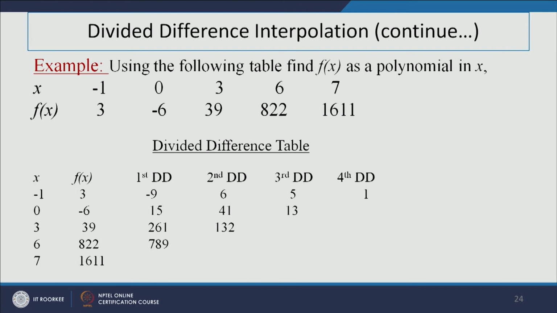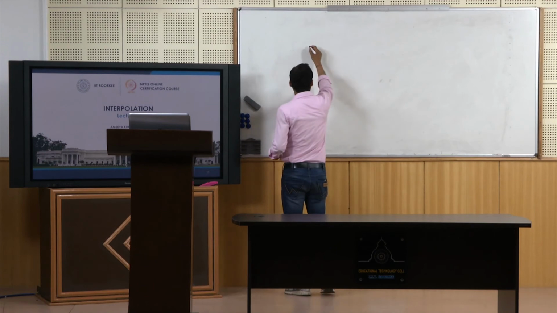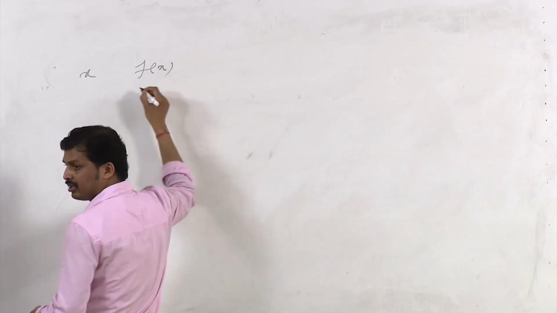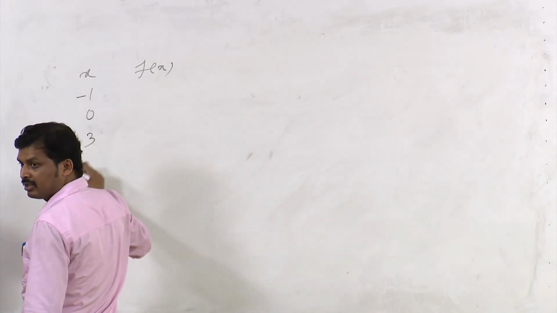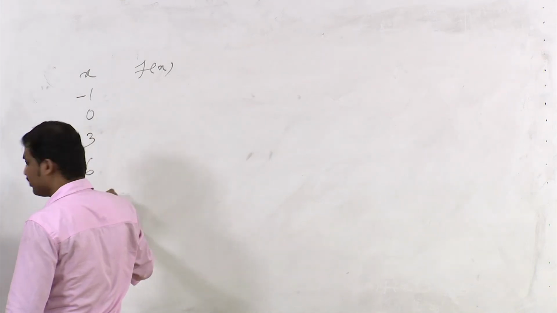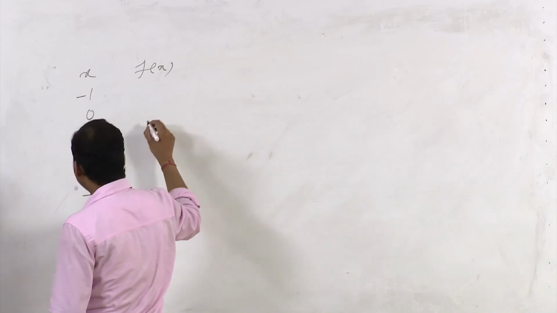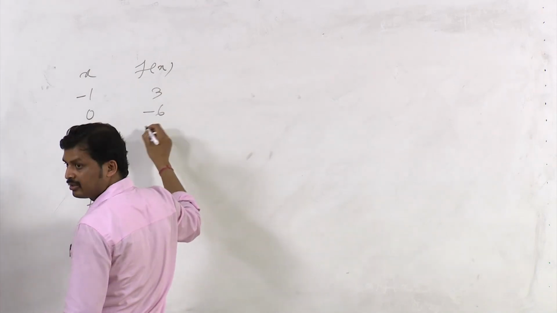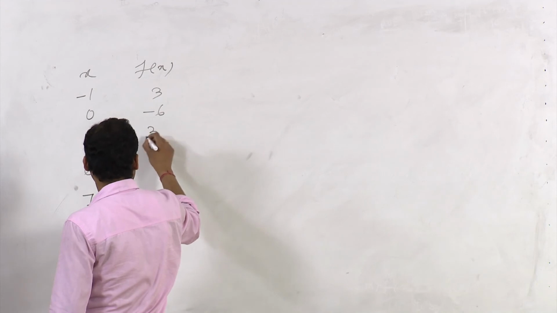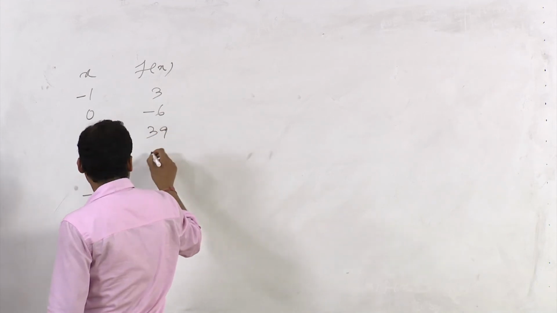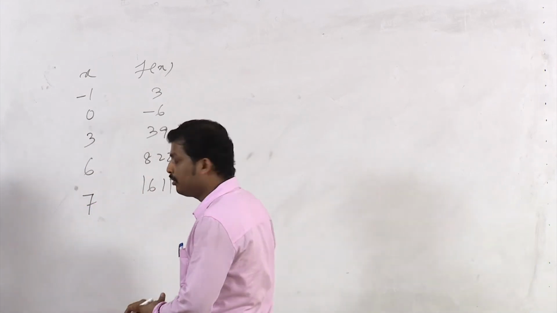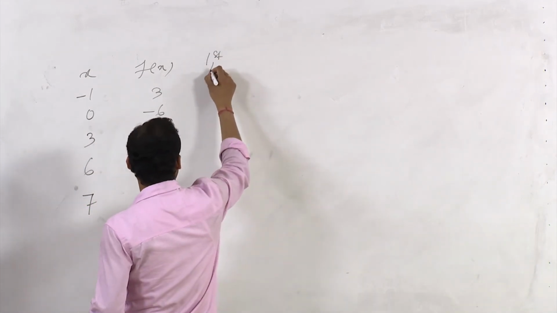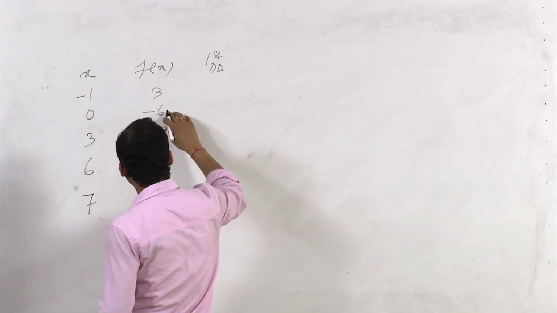If you use this divided difference, with the tabular values x and f of x, that is minus 1, 0, 3, 6, 7, and the f of x values 3, minus 6, 39, 822, 1611, we first find the first divided difference.